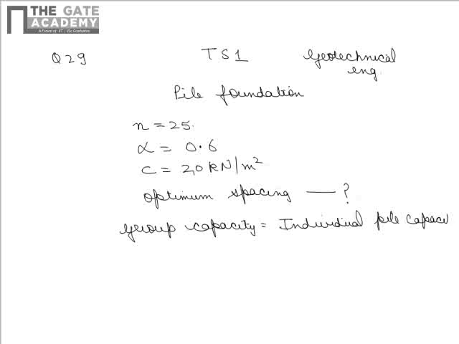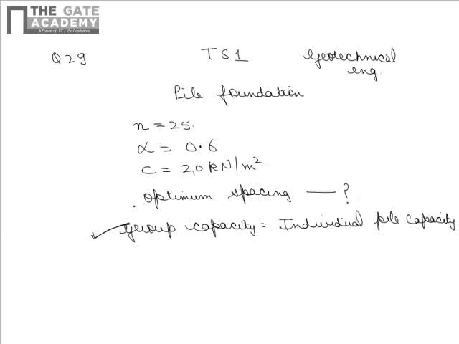The reason for the group capacity to be equal to the individual pile capacity is that we take Q ultimate as the lowest of these two values. So if these two values are equal, that is the most optimum situation possible.